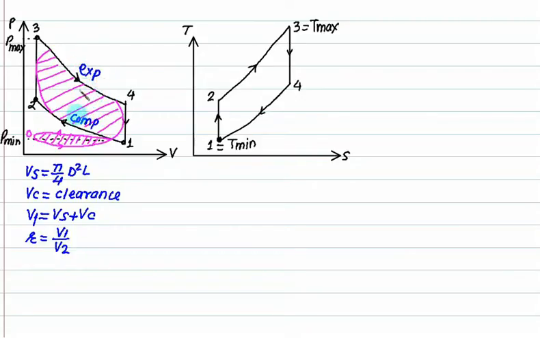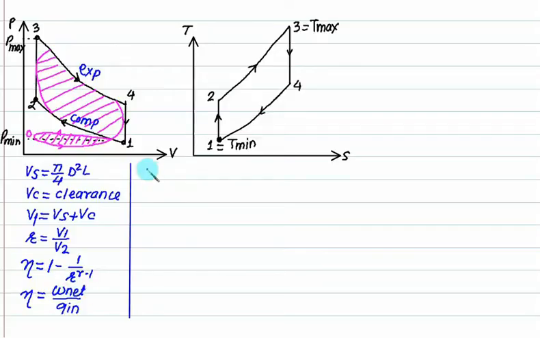And to remember this, the ratio is always this. We can calculate efficiency as 1 minus 1 upon R to the power gamma minus 1, and this efficiency equals W net divided by Q in. The process 1 to 2 is an isentropic process, which follows the law PV to the power gamma equals constant.